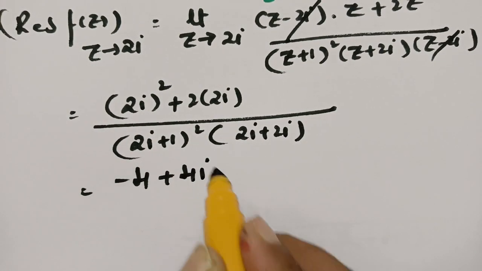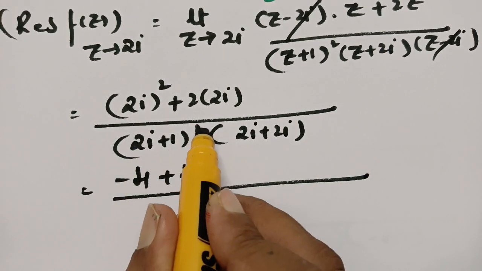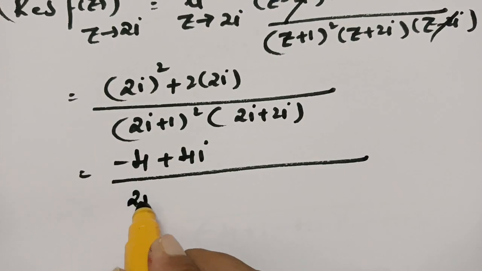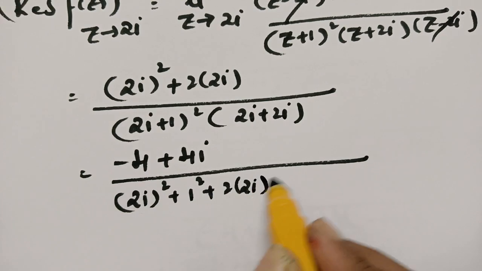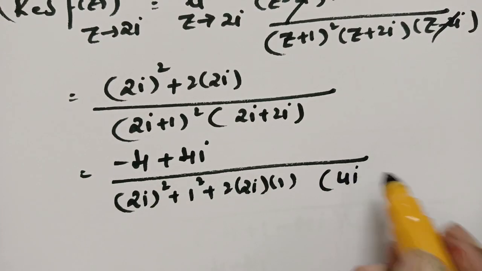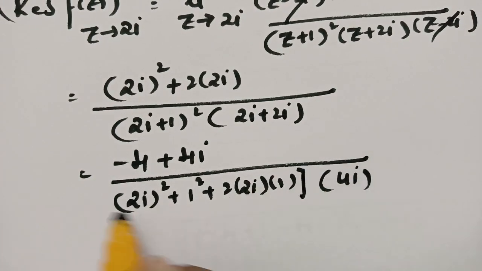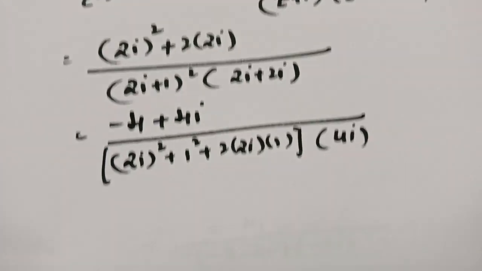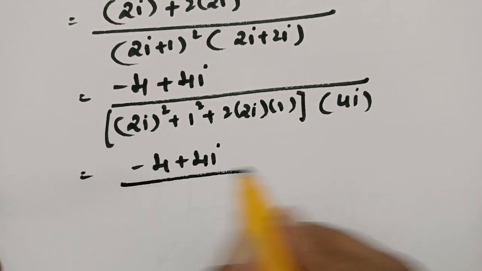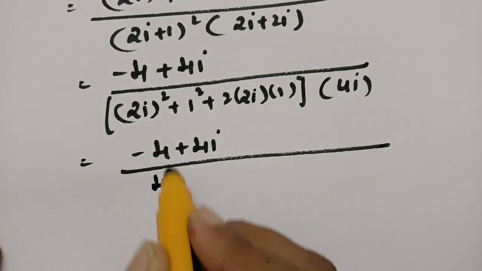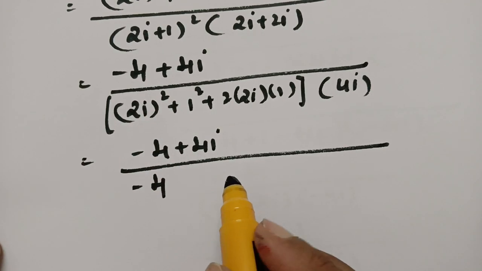So this value is 4i. So if I use (a plus b) whole square, this will be a square plus b square plus 2 into a into b, and this value is again 4i. So this is addition here, and this value is nothing but minus 4 plus 4i by, a square is nothing but 4 and i square is nothing but minus 1.